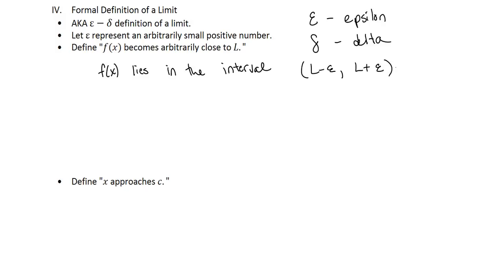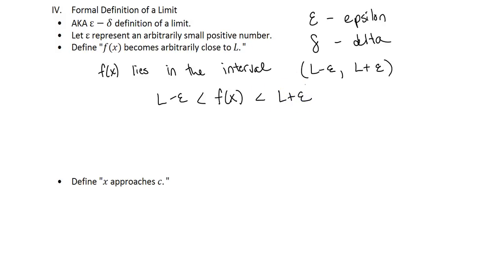It's between those two values. F of x is equal to L, give or take an epsilon. So what this means is that f of x is between L minus epsilon and L plus epsilon.